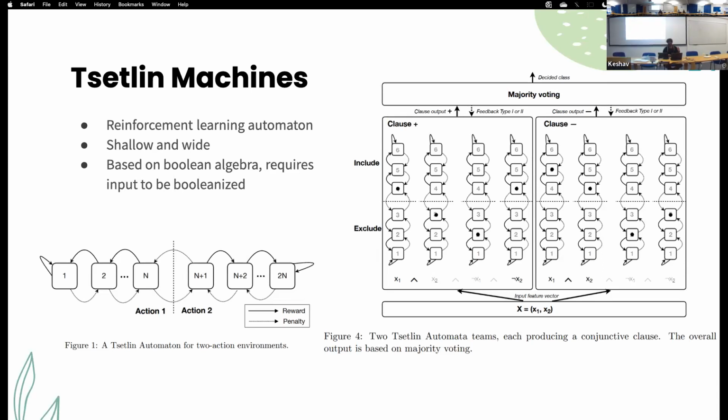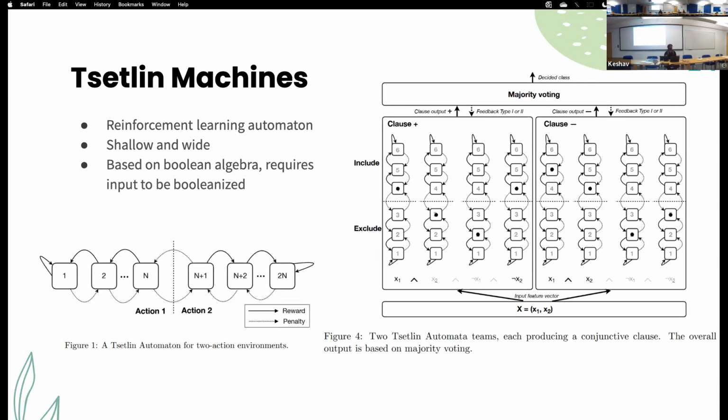Unlike a deep neural network, a Tsetlin machine is very shallow and wide, consisting of a number of conjunctive clauses over the elements of the input, which are summed together and thresholded to determine whether an input is a member of a specific class. This combination of traits makes the Tsetlin machine both very parallel and very easily implementable at the gate level for minimal power consumption.